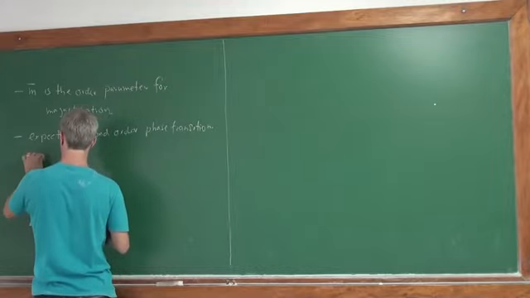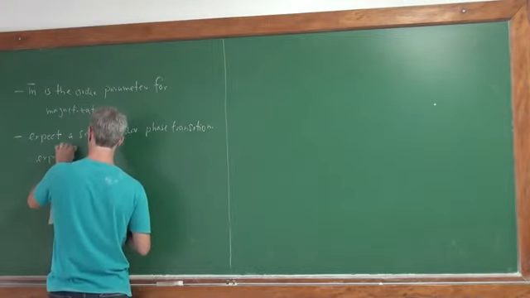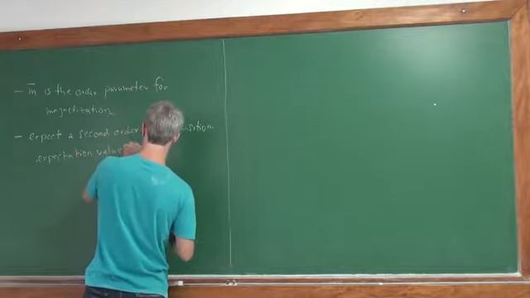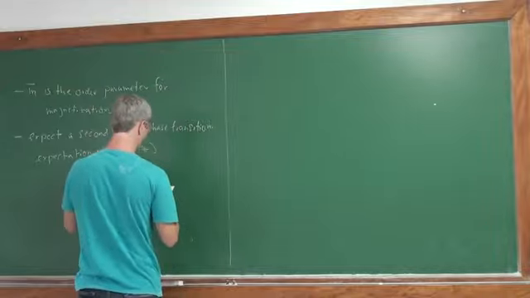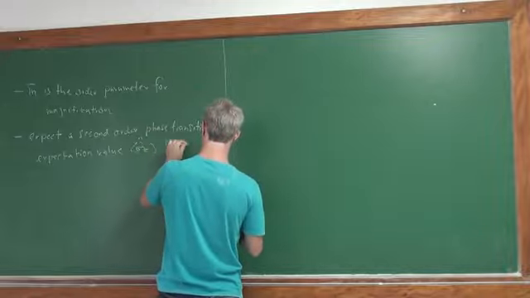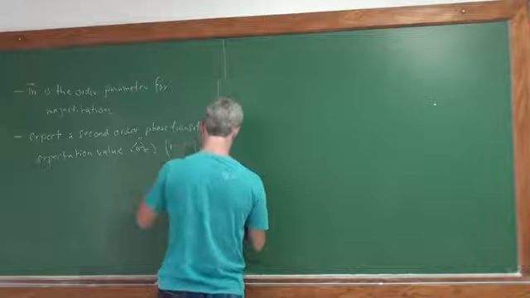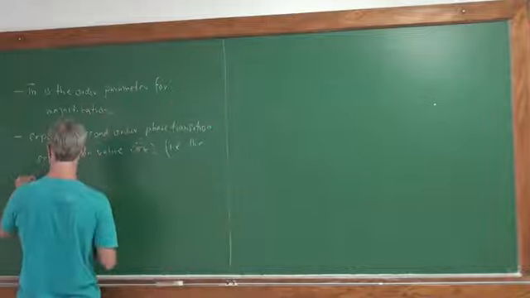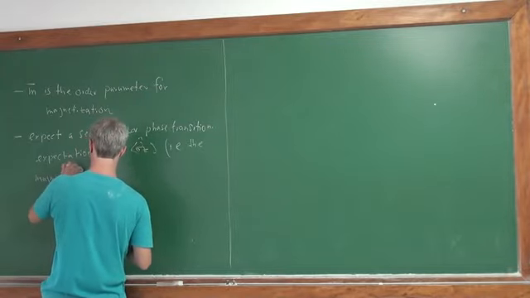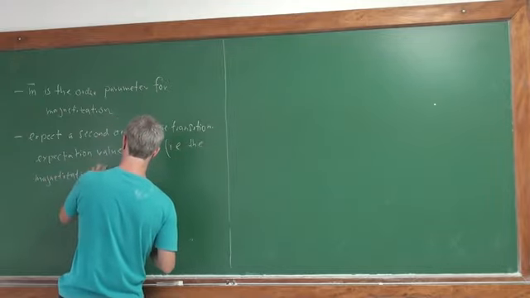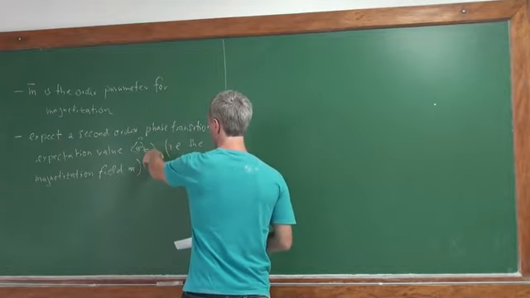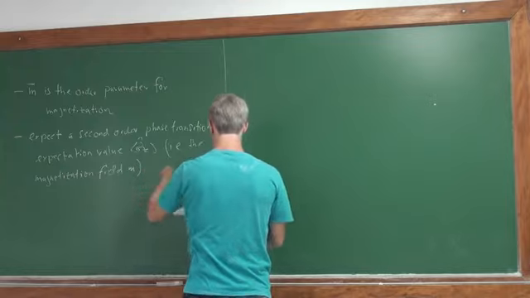This would mean that the expectation value for the component, which is the magnetization field or the Hubbard-Stratonovich field, M, because they are just proportional to each other, so whatever we say about this also applies to M.